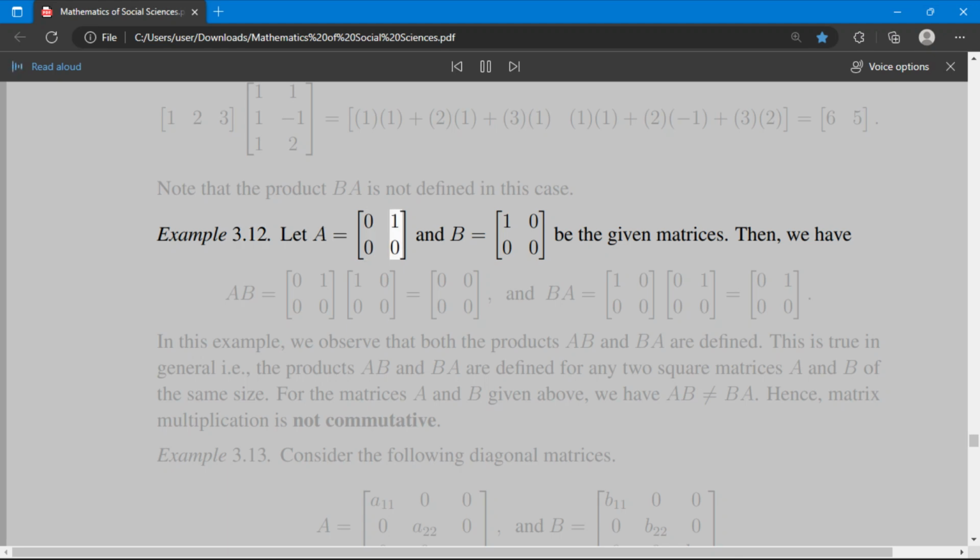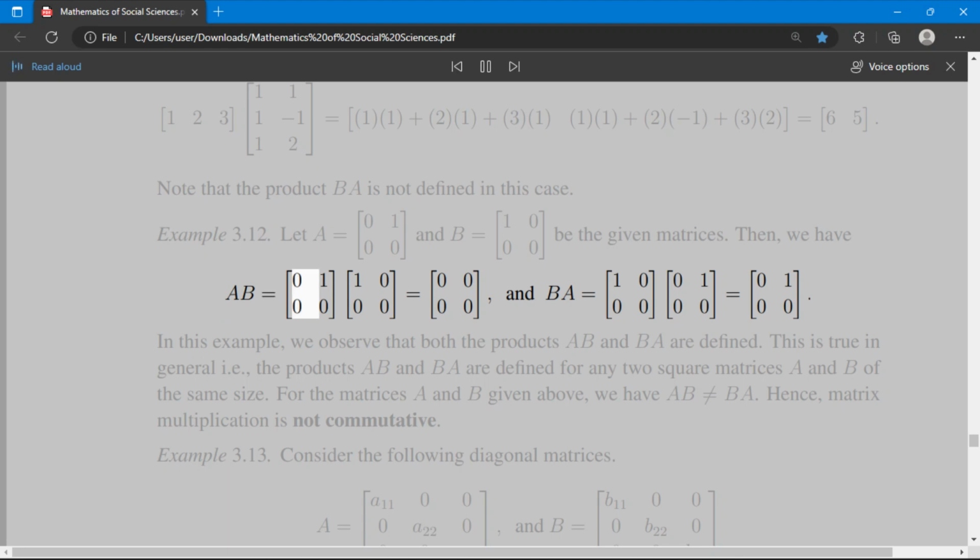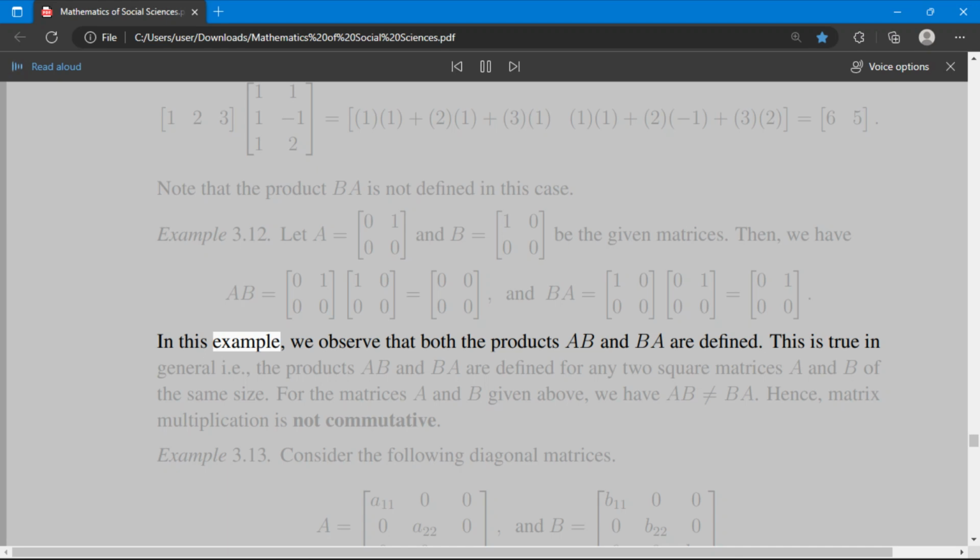Example 3.12. Let A = [0, 1; 0, 0] and B = [1, 0; 0, 0] be the given matrices. Then, we have AB = [0, 1; 0, 0][1, 0; 0, 0] = [0, 0; 0, 0]. And BA = [1, 0; 0, 0][0, 1; 0, 0] = [0, 1; 0, 0].